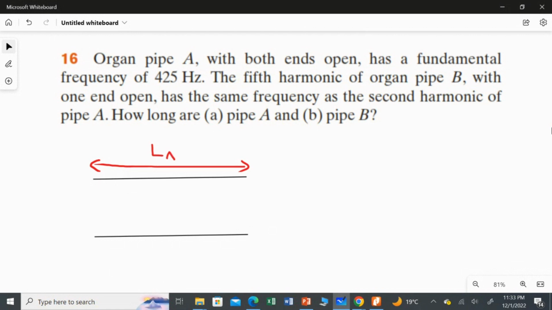This is the organ pipe A length. And they say it has a fundamental frequency. That means n is equal to 1, which is nothing but one node, right? And both ends are open. So if you have both ends open with n equal to 1, you have to draw the wavelength, right? The waves will be going like this.